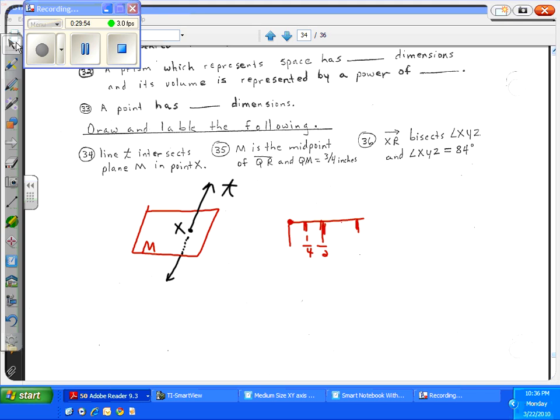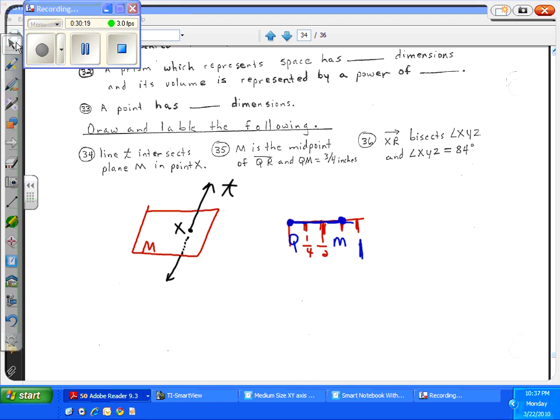And there's going to be another mark the size of that fourth mark over here. And you could actually look and see that it would take 1, 2, 3, 4 of those things to make the 1 whole inch. And we're talking about 3/4 would go 1, 2, 3 of those. And that would be the QM.